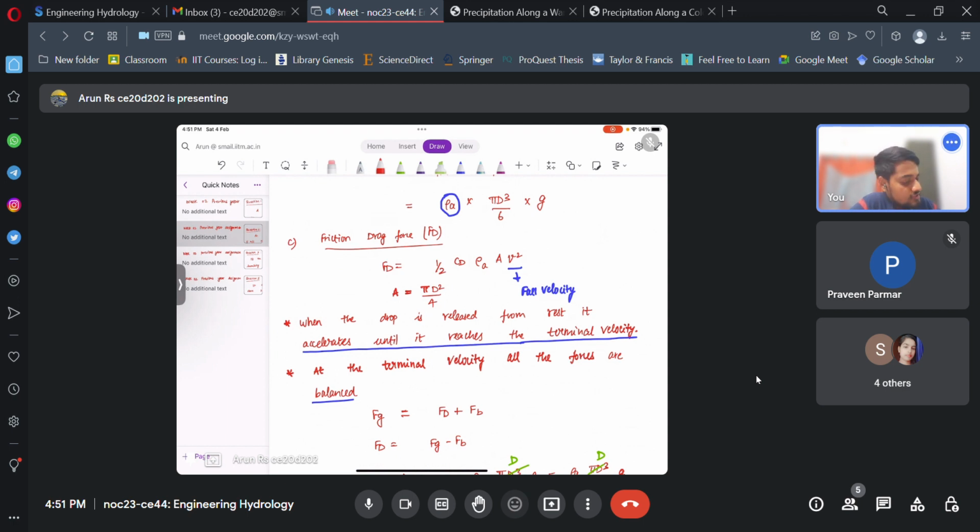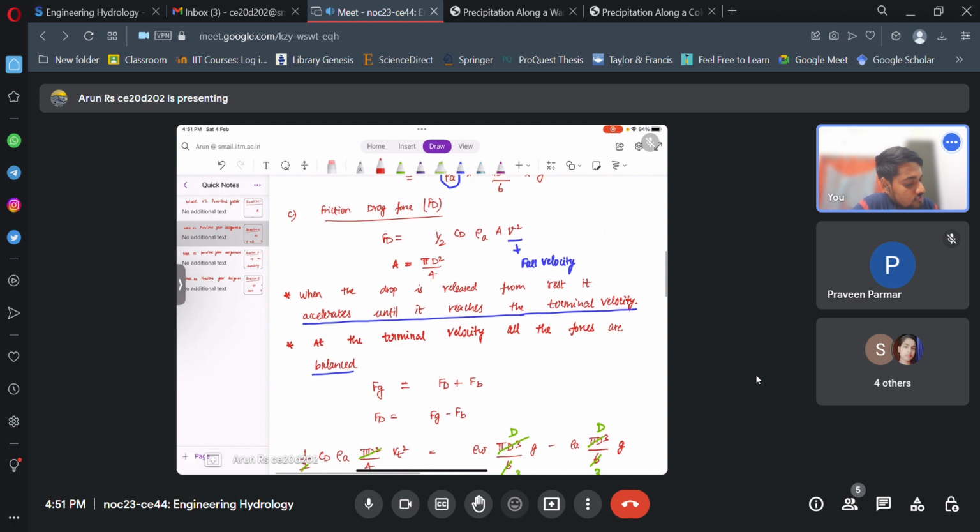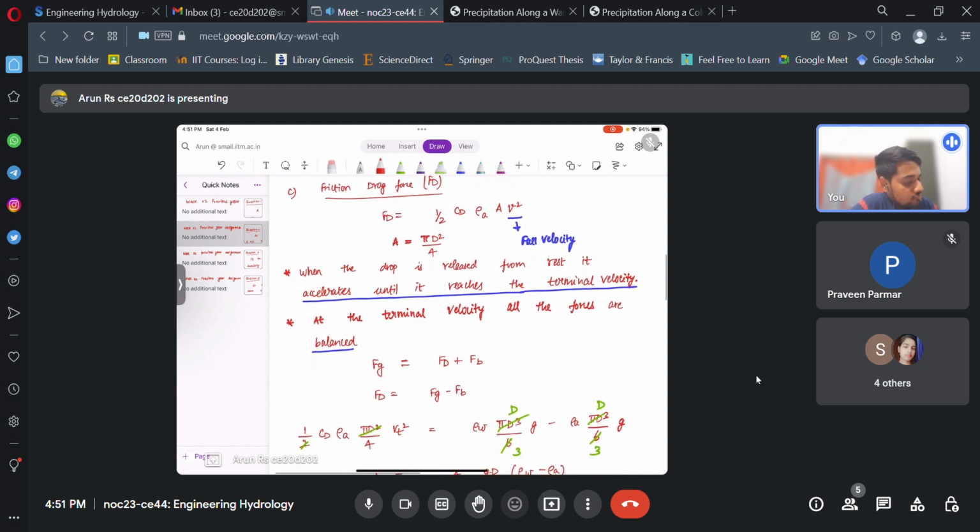Frictional drag force is represented as half CD into density of air multiplied by your cross-sectional area and multiplied by the fall velocity squared. Note that this is not terminal velocity, this is just fall velocity. And here area represents the cross-sectional area of the droplet. If you cut a sphere, you will have a circular cross-sectional area. So it is represented as pi d square by 4.